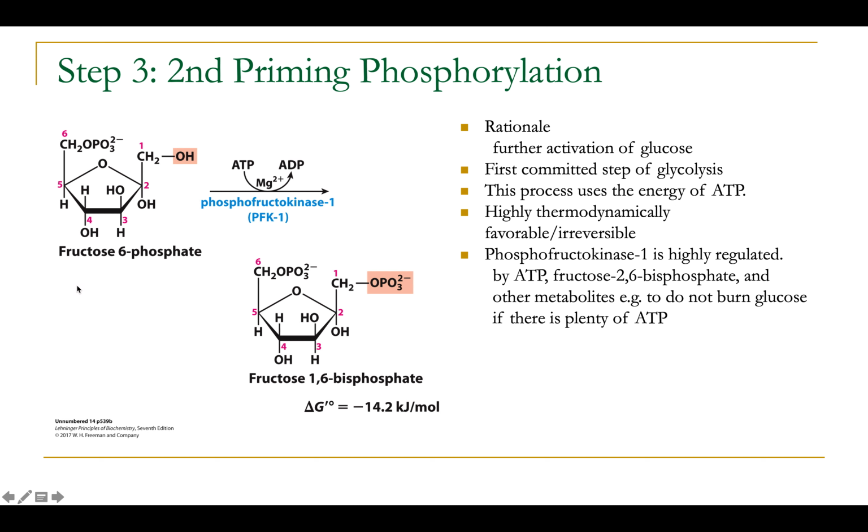This way, the overall energetics of the reaction is highly exergonic: in standard conditions approximately 15 kilojoules per mole of free energy is released. This way, the reaction is a virtually irreversible chemical reaction.